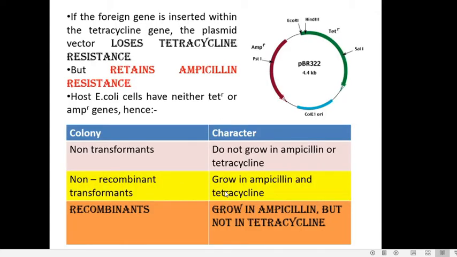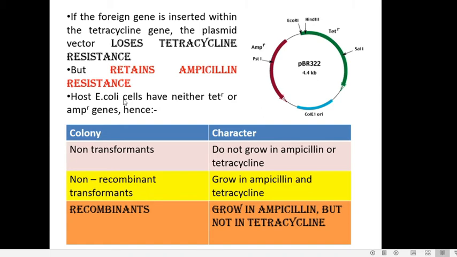So now we will go to the screening. As I already told you, if the foreign gene is inserted within the tetracycline resistance gene, the plasmid vector will lose tetracycline resistance, but the ampicillin resistance property is intact.